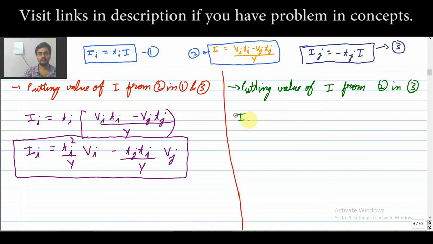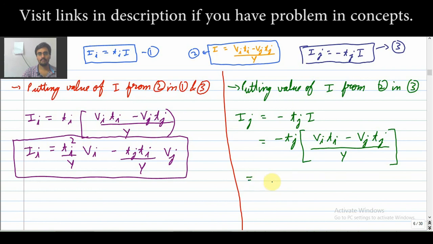So Ij is equal to minus Tj into I, and I is given as (Vi Ti minus Vj Tj) divided by y.